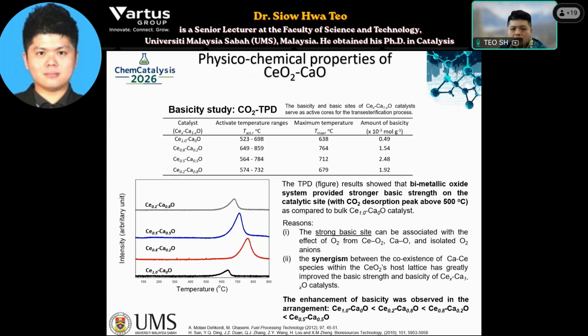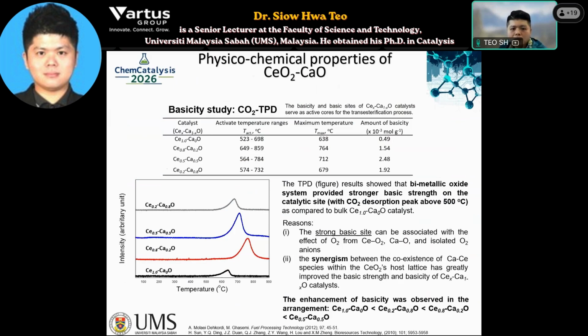These basic sites are important because they serve as active centers for the transesterification reaction. The enhancement in basicity can be attributed to the interaction between the cerium and the calcium species within the mixed metal oxide structure. These synergetic effects strengthen the surface basic sites and increase the overall catalytic basicity.